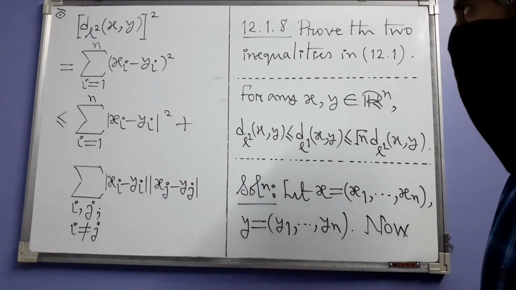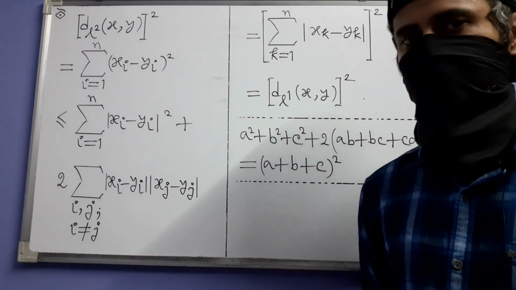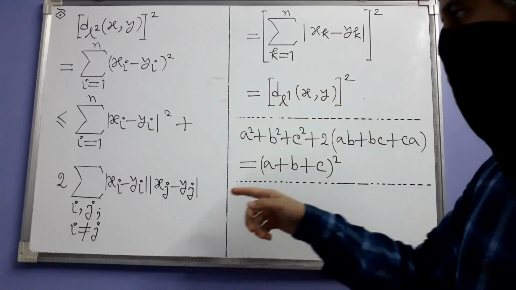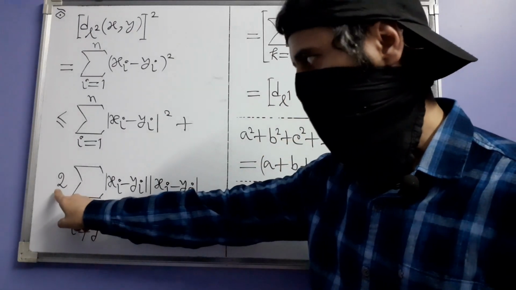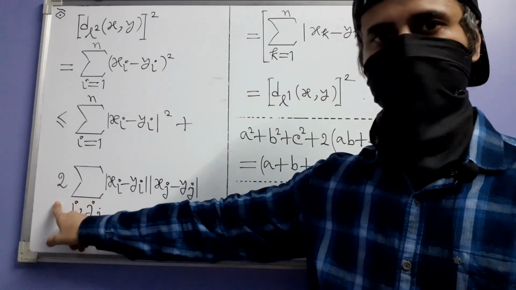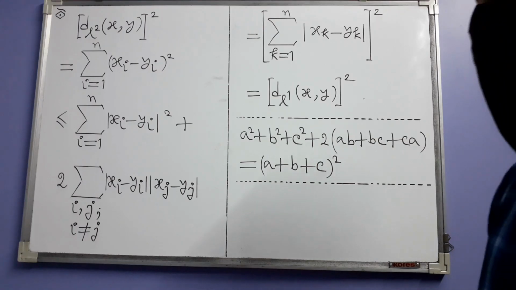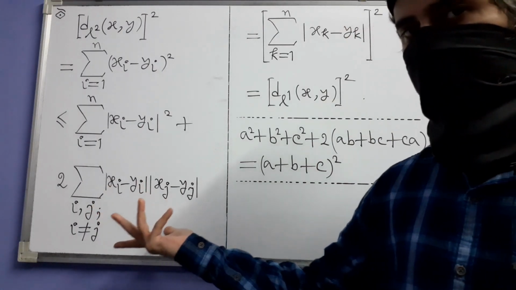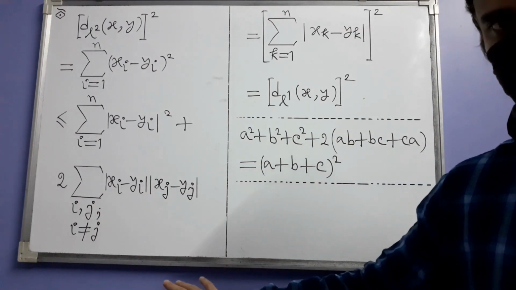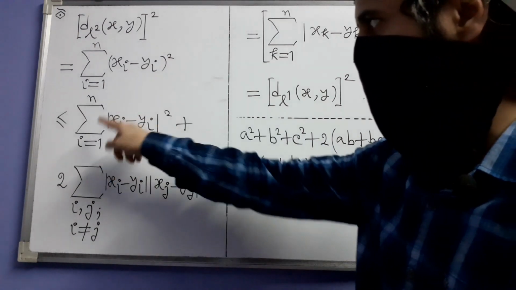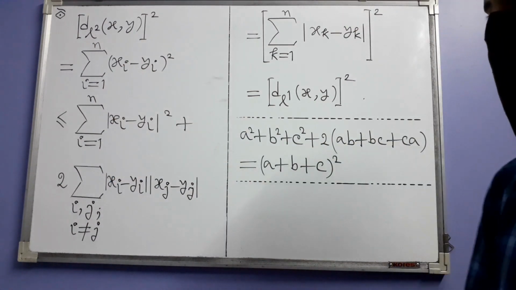Let's see. Before we go to this part, let me make one small correction. There will be a 2 here. I did not write 2 previously, but we need 2. But that does not, of course, change anything that I said just now, that this will be greater than or equal to this.